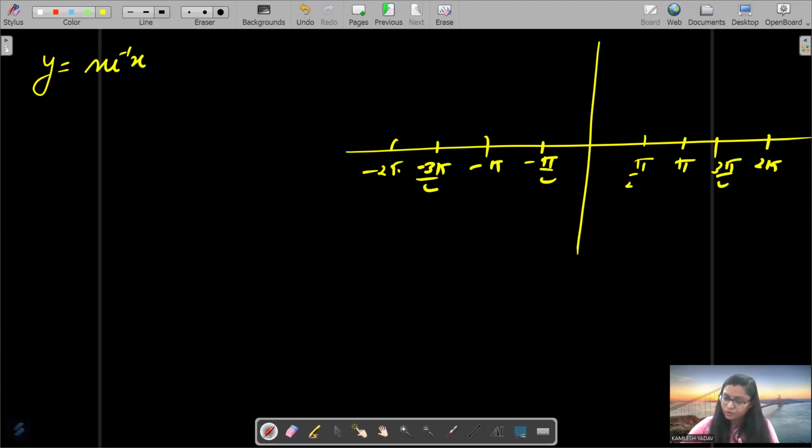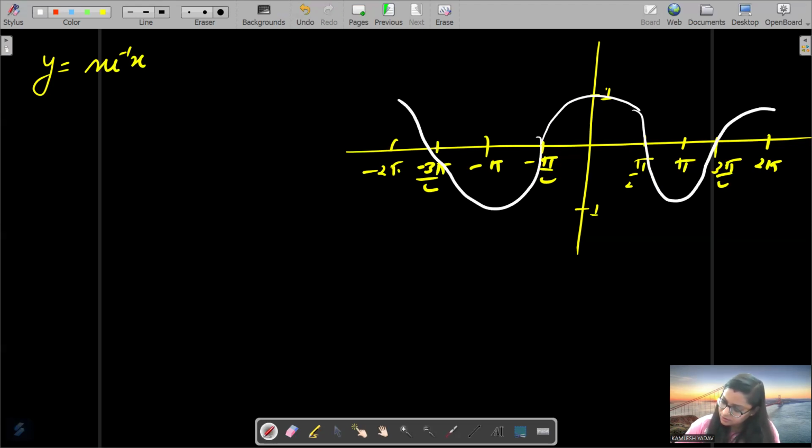So first we draw the graph of cos x. So the graph of cos x has points 1 and minus 1. So the graph of cos x will be like this. Okay. We draw the straight lines here.